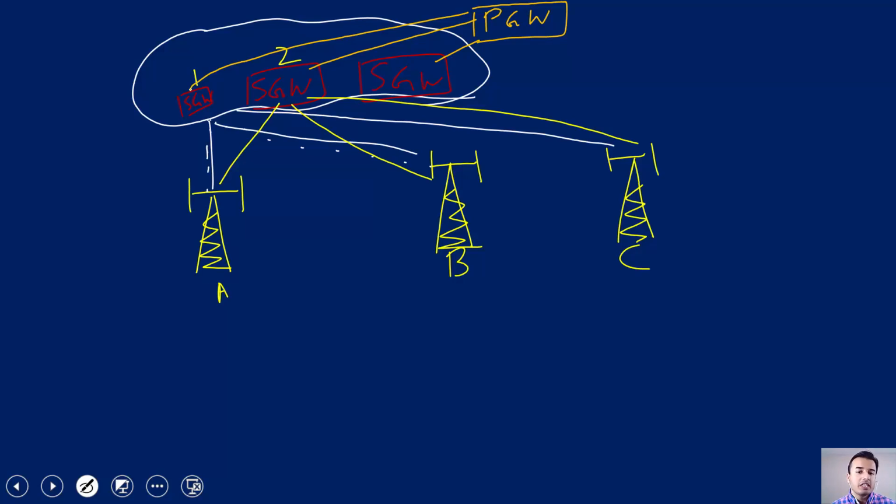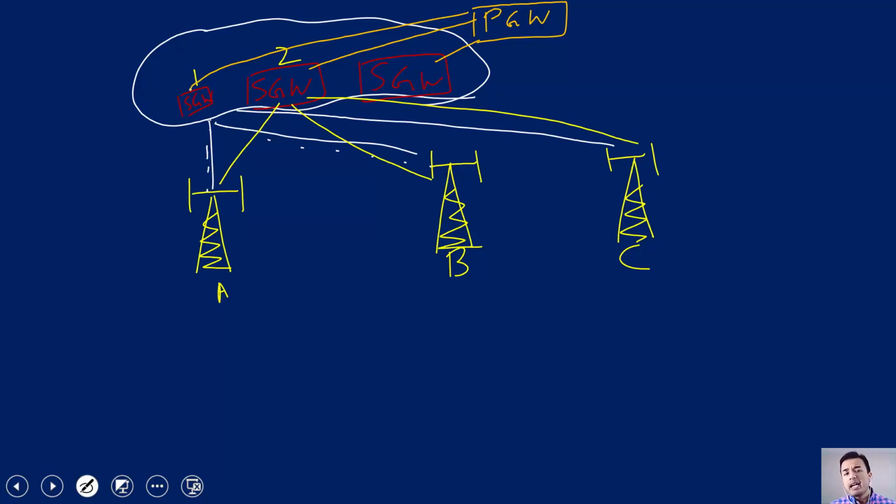There is a GTP tunnel which is set up from the eNodeB towards PGW and SGW, and their location can be anywhere because ultimately it will be an IP connection there. So their location does not specifically matter. If you have a really big network, then in that case you will worry about locations of these PGWs and the SGWs as well. For a small network, that's not something you see specifically.